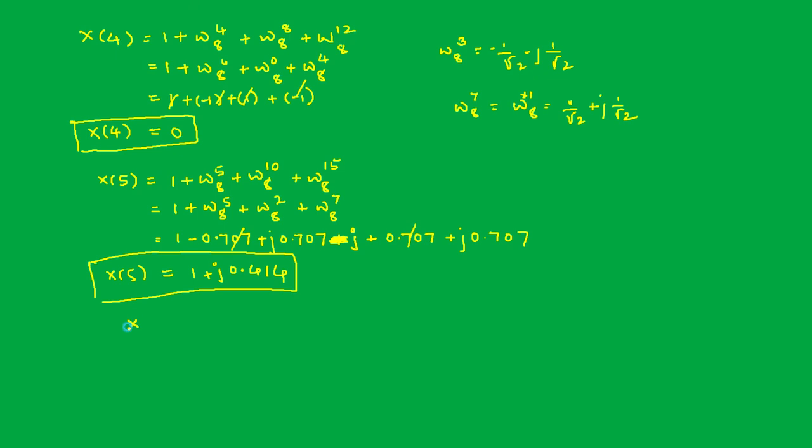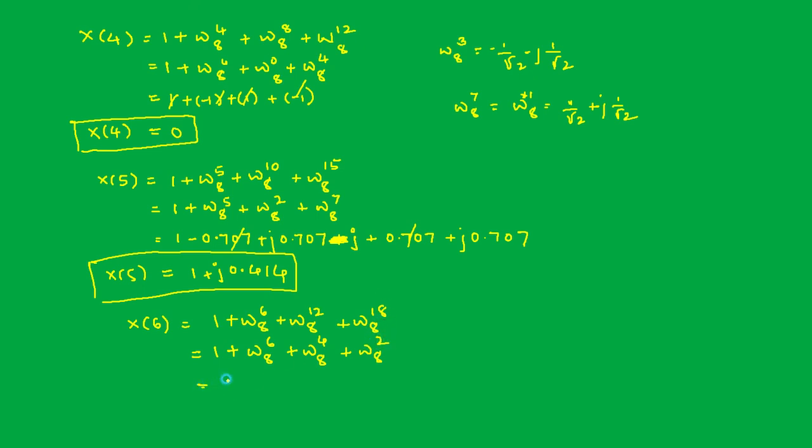Similarly, you substitute for x of 6. So k is equal to 6. 1 plus W8 raised to 6 plus W8 raised to 12 plus W8 raised to 18. 6 into 3 is 18. So 1 plus W8 raised to 6, I will write as it is. W8 raised to 12 is nothing but 12 minus 8, which is 4, and W8 raised to 18 minus 16 is 2.